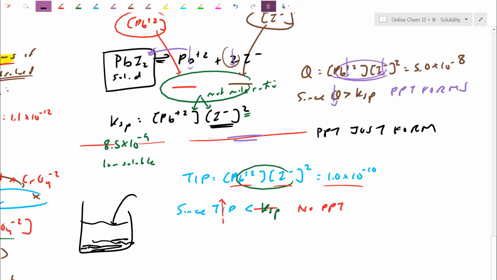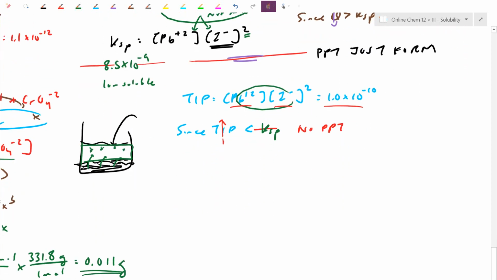The amount of solid may have increased, but because I may have hit the saturation point already, I'm not going to dissolve any more concentration into solution. The dissolving will still happen, recrystallization will still happen here, but the amount in solution is fixed based on the solubility.